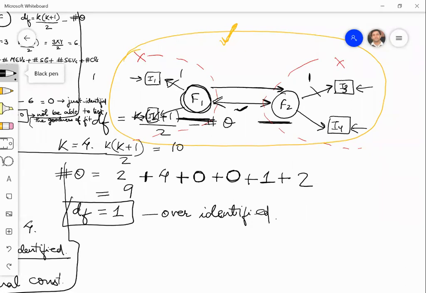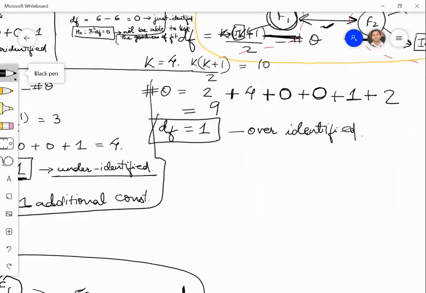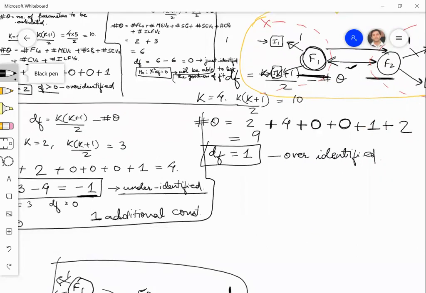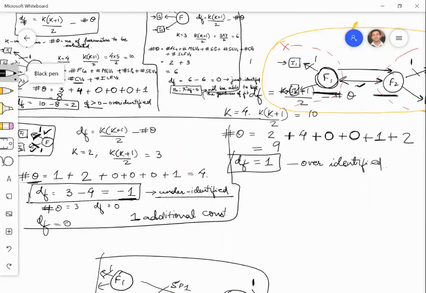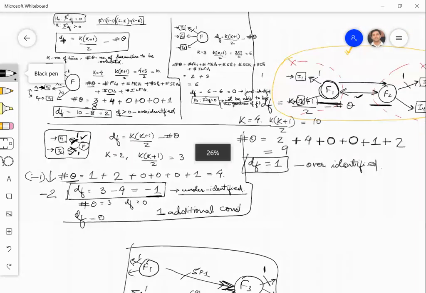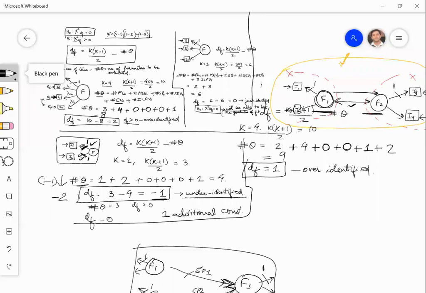Sir, I have two doubts. My first doubt is, under identified and unidentified model are the same thing, right? There is nothing called unidentified. We say under, over, or just identified. Sir, when we run AMOS, in the analysis properties we get an option to try to fit unidentified model. That's why I was confused.